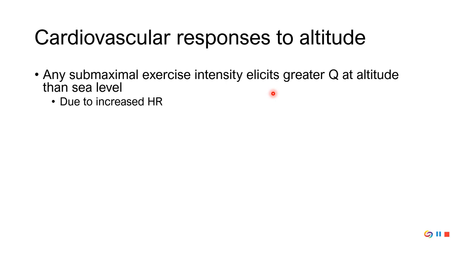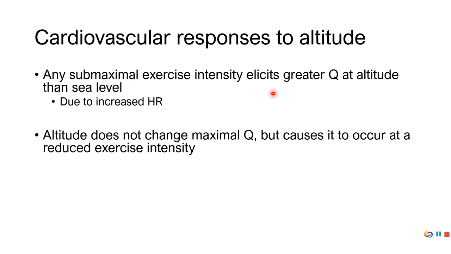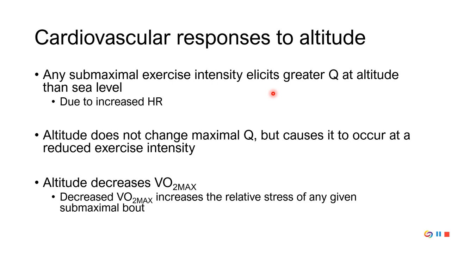And this occurs due to an increased heart rate. We're trying to deliver more oxygen. So altitude itself doesn't change our cardiac output or our max cardiac output, but because we're at a higher cardiac output for each intensity, we're going to hit that maximum at a lower intensity. And ultimately what's going to happen is our VO2 max is going to be lower. Okay.